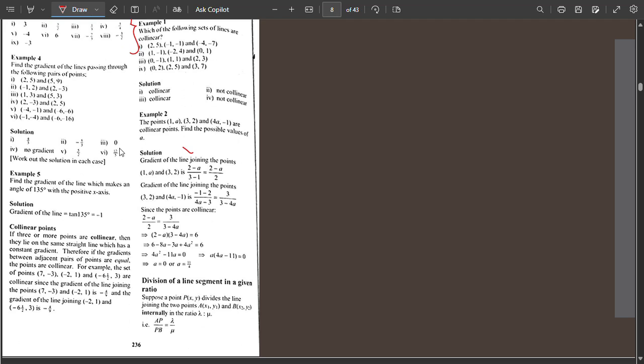And then there are instances where the gradient will be 0, and there are instances where we have no gradient. The gradient is a fraction, an expression that has a fraction inside. That means that because we have y2 minus y1 over x2 minus x1, if the denominator is 0, it will be undefined, because a fraction with 0 as the denominator is undefined.